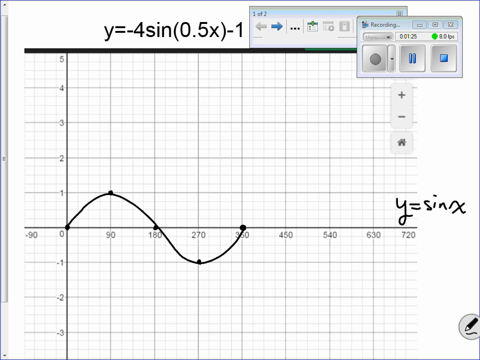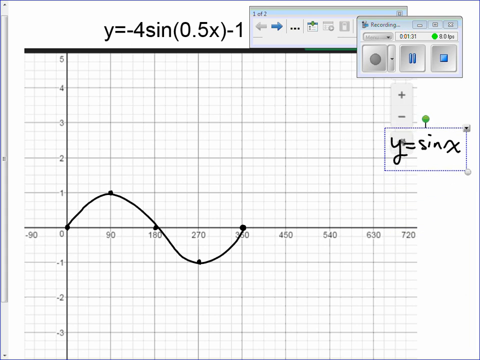The next thing we have to do is take a look at the next equation for our graph. I always deal with the stretches and the compressions of the curve. The easiest thing we can do immediately is work on the vertical stretch of our graph, which is based on the amplitude, right here.